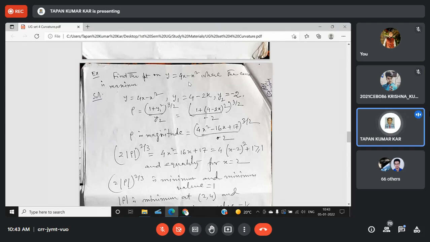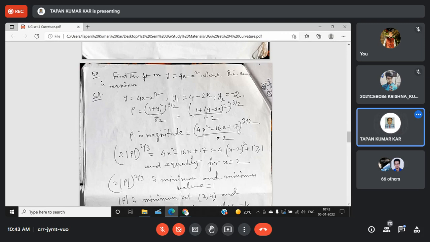But we can find radius of curvature, because we know the formula for the radius of curvature for Cartesian equation, and then curvature is 1 by that. Curvature and radius of curvature are reciprocal to each other. So here y equal to 4x minus x square. So rho equal to this, 4x square minus 16x plus 17.